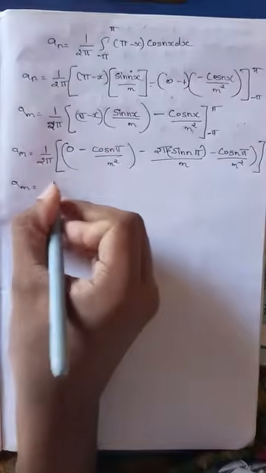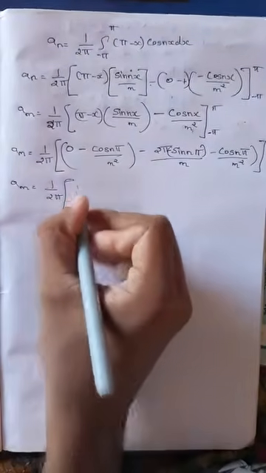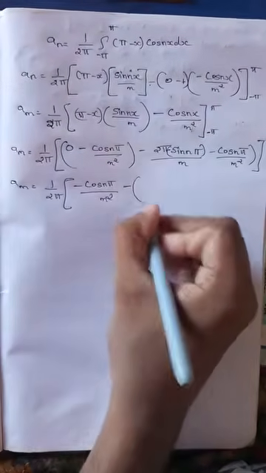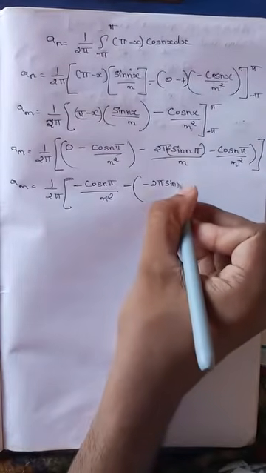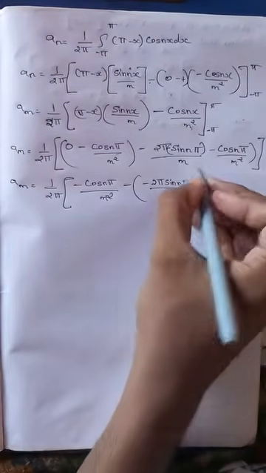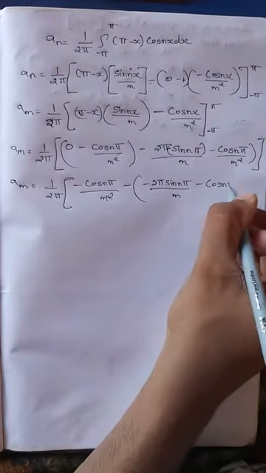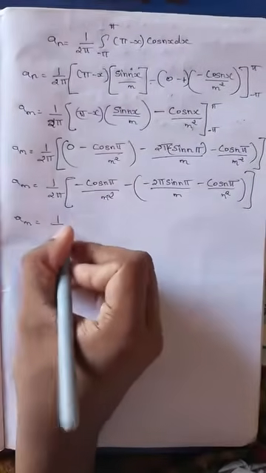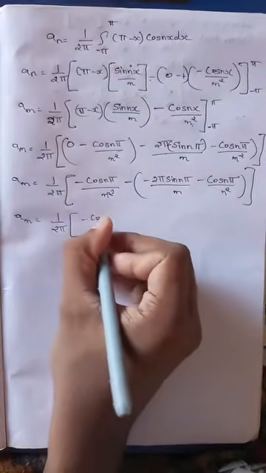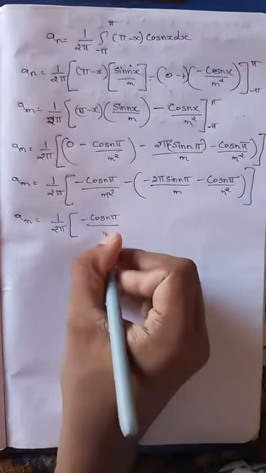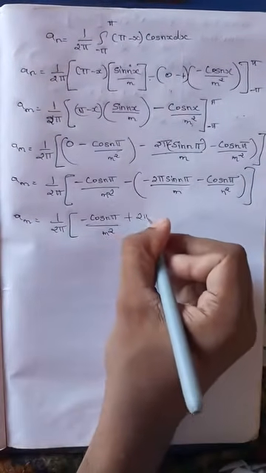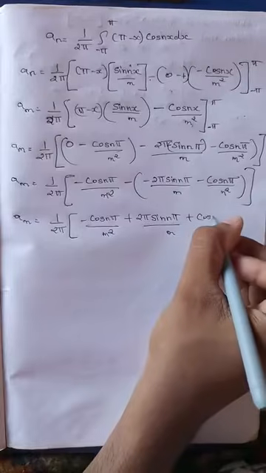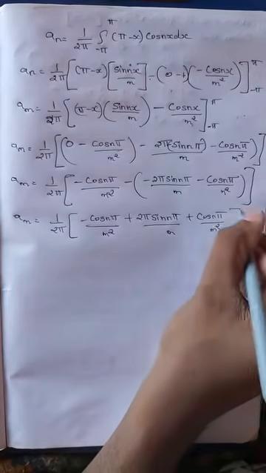So let's simplify this. Minus cos n pi by n square, minus 2 pi sin n pi by n, minus cos n pi by n square, 1 by 2 pi, minus cos n pi by n square plus 2 pi sin n pi by n plus cos n pi by n square.